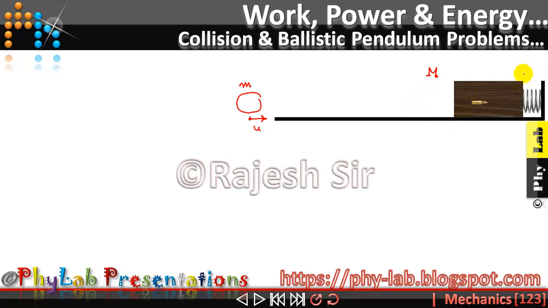By what distance the spring gets compressed, let's say x, is what we are supposed to find, where k is the spring constant of the spring. This is a numerical problem based on the ballistic pendulum. Let's see how to go ahead with such a problem.